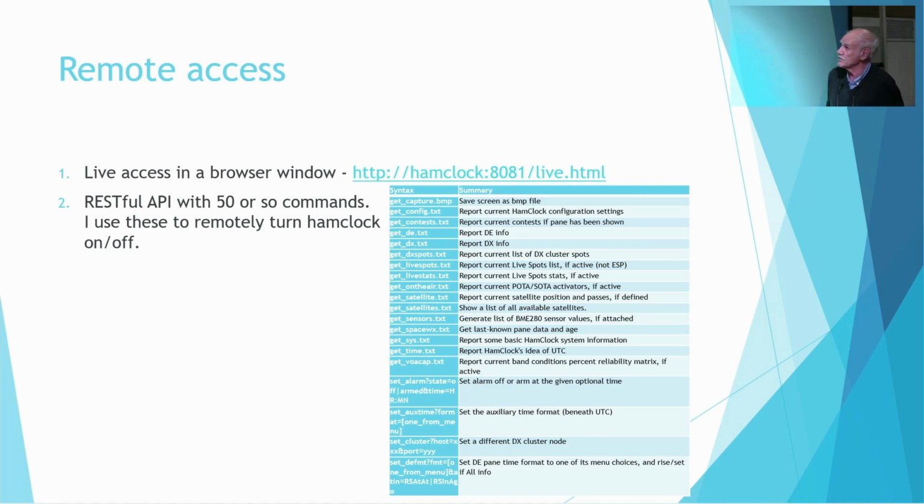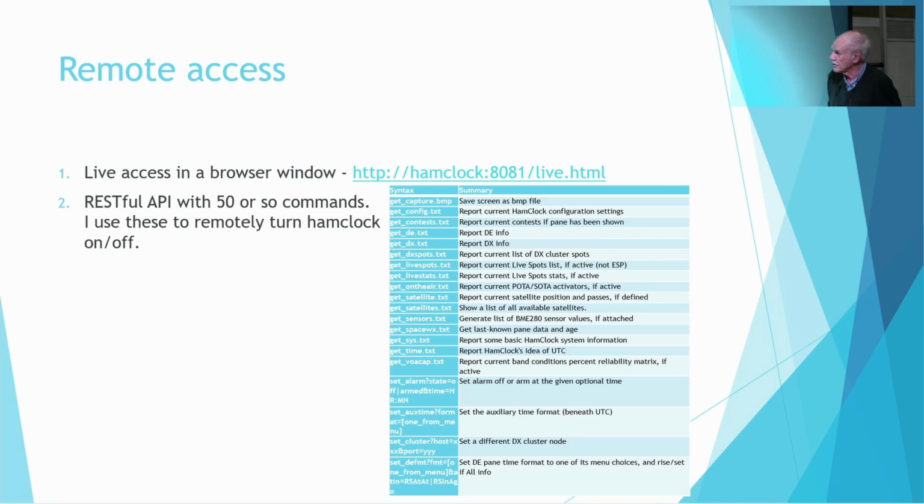And you can also interrogate the HamClock. There's 50 commands, I just put a subset there so you can interrogate it remotely to get all sorts of information if you actually want to do some sort of control of it remotely. So that's quite useful.